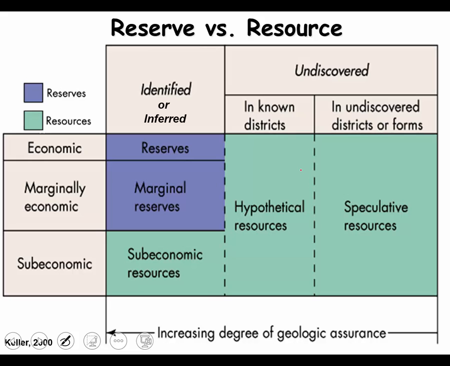To illustrate the distinction, imagine that the area of this square, or if you like, the volume of a cube, is all the possible elements of something, maybe gold, or it could be oil. And think of your degree of certainty. Do I know it's there?